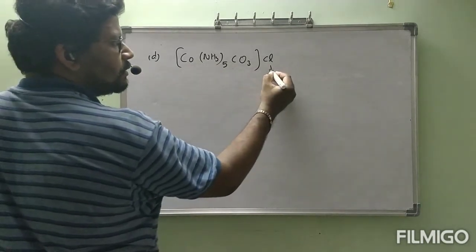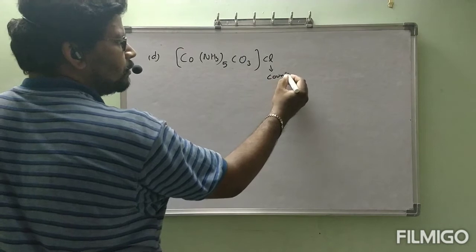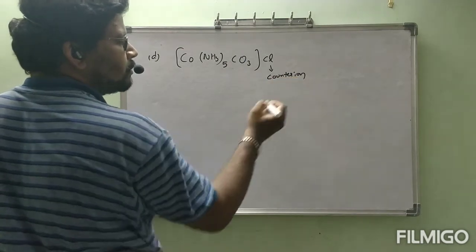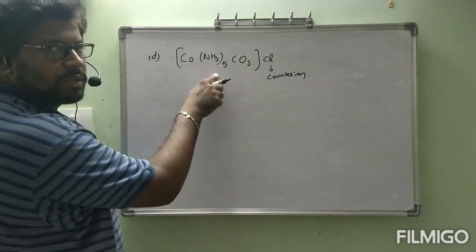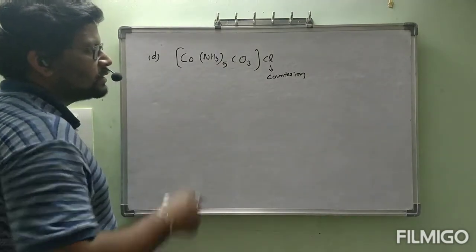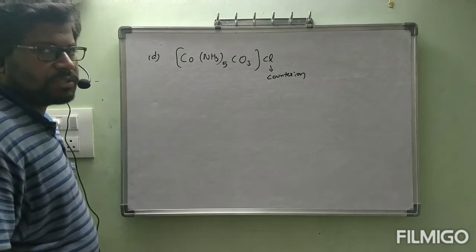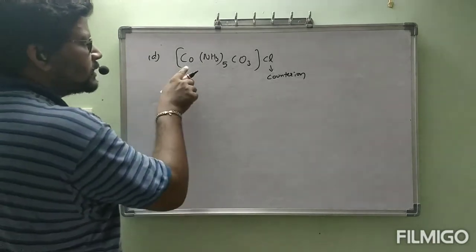Chlorine is the counter ion, and this is the complex. This is a positive complex, because it is present within the square bracket. In the positive complex, cobalt is present.